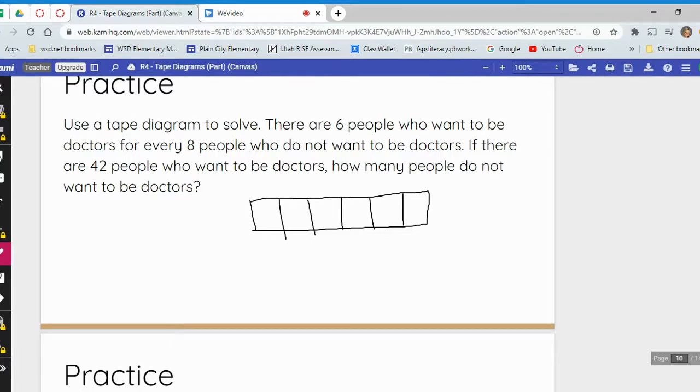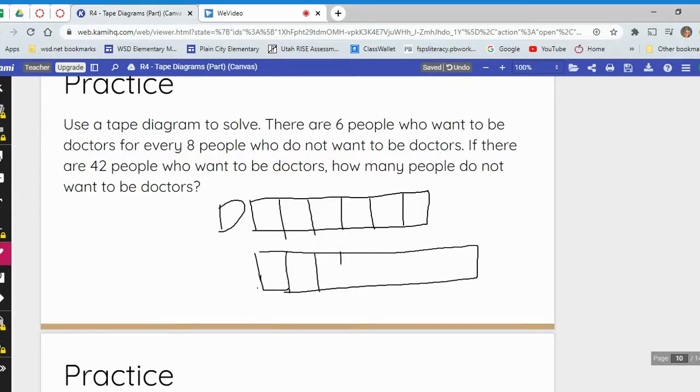So we get that drawn. And that's 6 people who want to be doctors and 8 people, we're going to put not doctors.